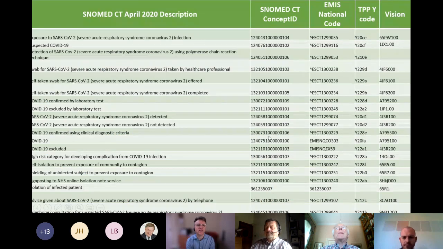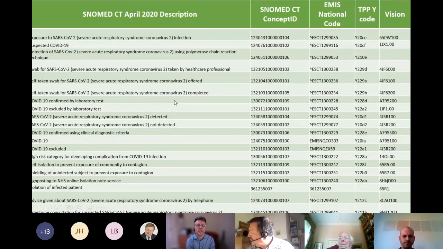So that's slightly cropped off there, but basically what we've tried to do in this slide is to pull together the descriptions and then the various codes that exist in both EMIS and Vision, which are the two relevant ones for Scotland, with the local codes that John was mentioning for TPP that is in existence in England.